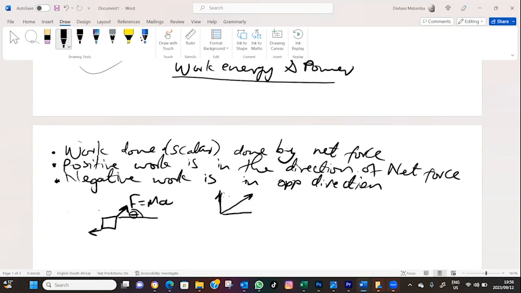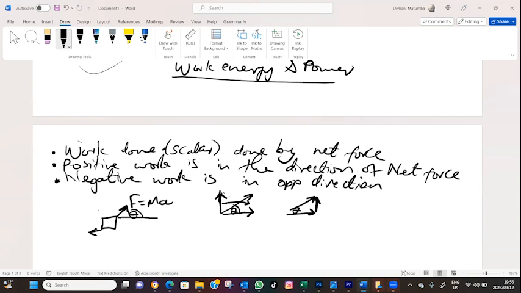We have theta here. You will agree with me that I can transfer that force to here, and I will have a diagram which looks like that with an angle.